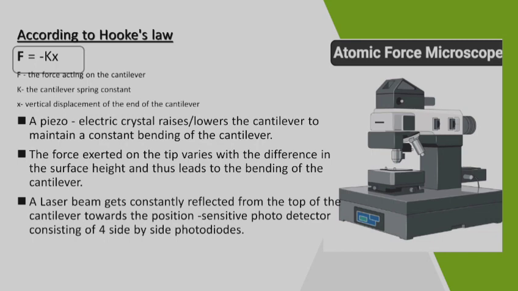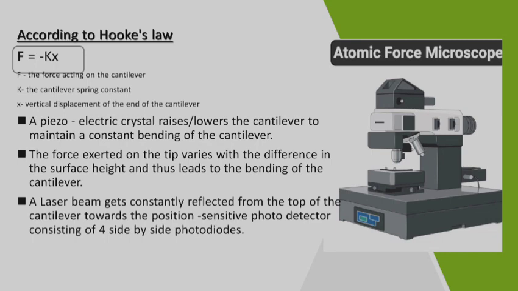The force exerted on the tip varies with the difference in the surface height. In some areas the height will be a little higher and in other areas somewhat deeper over the film, and depending on that, the force will also change. As I said, a laser beam is constantly reflected from the top of the cantilever, and this reflected beam is sensed by a photodetector consisting of 4 side-by-side photodiodes.